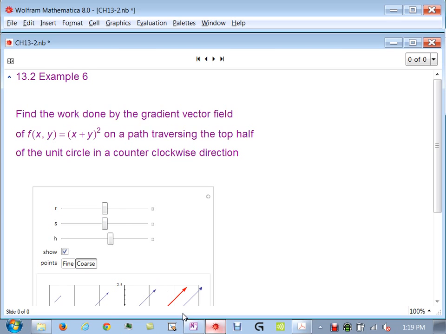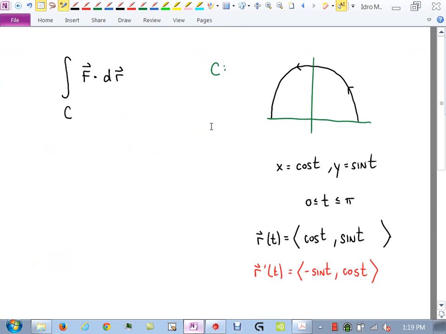So going back to the notes here, my capital F for this problem isn't given, but I'm told it's the gradient vector field. So it's the vector field created when you take the gradient of f. Remember, given any scalar function, you take its gradient, and it creates a vector. So what is the vector field that we'll get? It's the partial of f with respect to x, and the partial of f with respect to y.